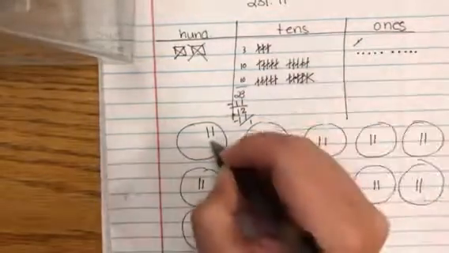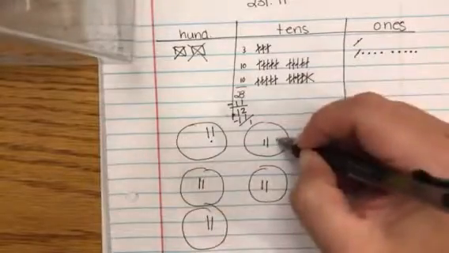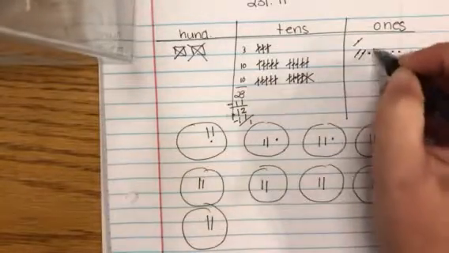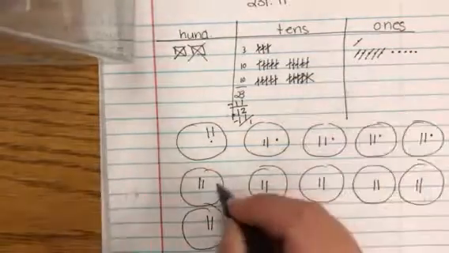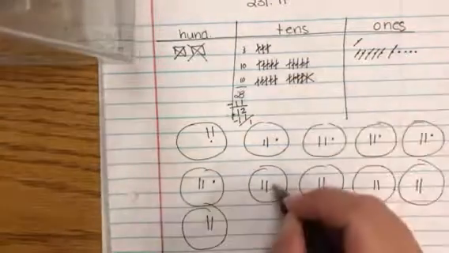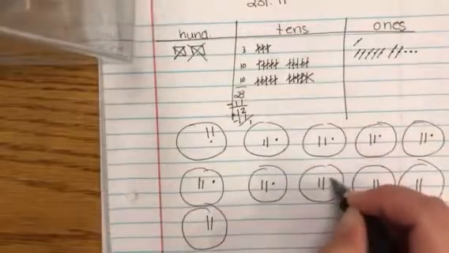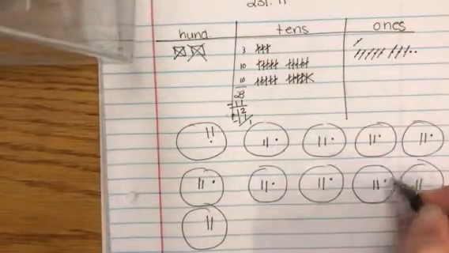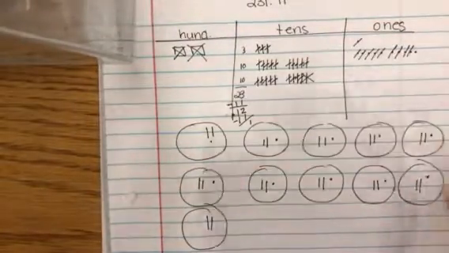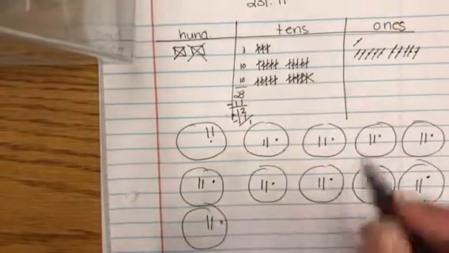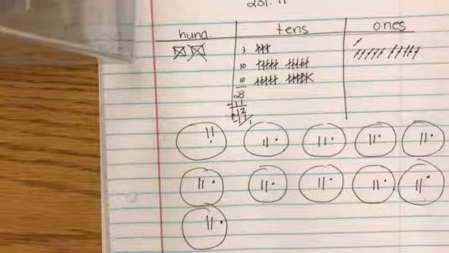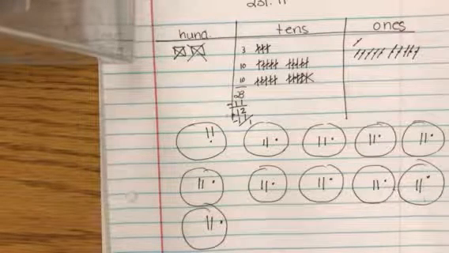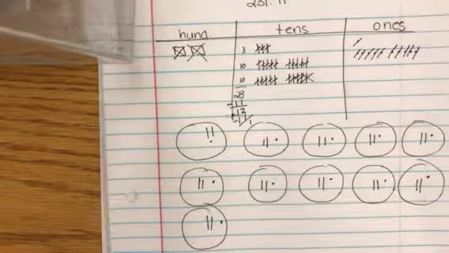Let's see. 1, 2, 3, 4, 5, 6, 7, 8, 9, 10, 11. When I cross off everything and I have none left, then I can feel so good that I did it right and I didn't make a mistake because my numbers worked out.